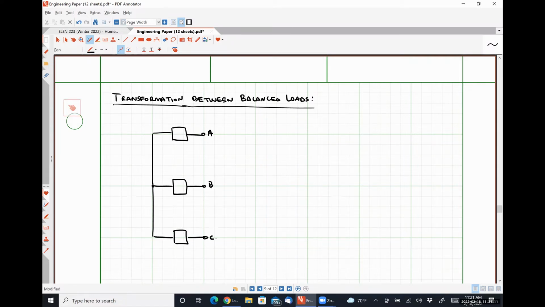B and C. Call this ZYA, ZYB, and ZYC. And we have a delta connected load. Here's Z delta C.